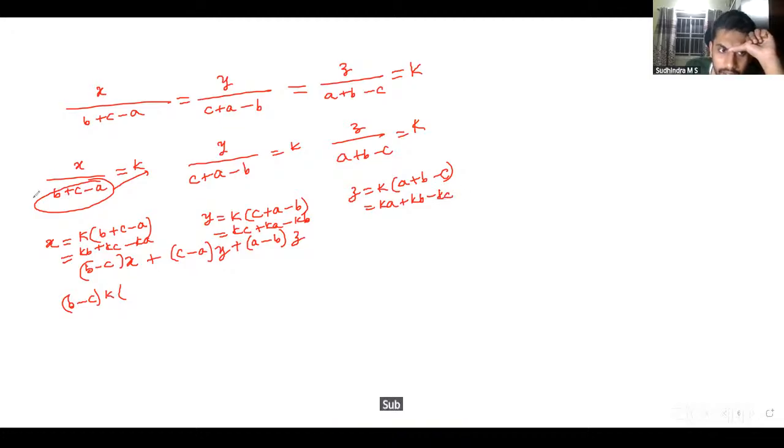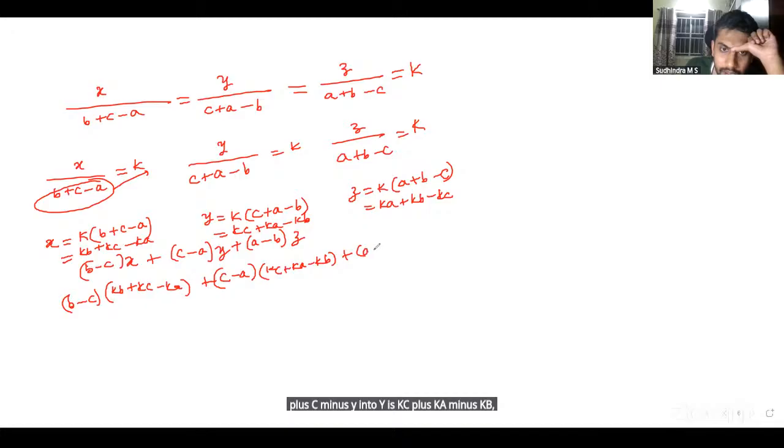Substitute that here. So I can just substitute: b minus c into kb plus kc minus ka, plus c minus a into y, which is kc plus ka minus kb, plus a minus b into z, which is ka plus kb minus kc.